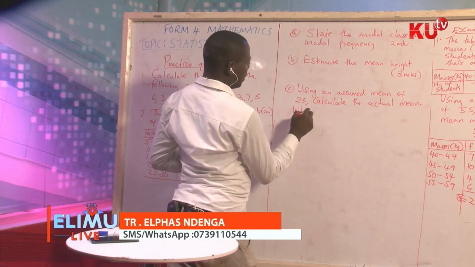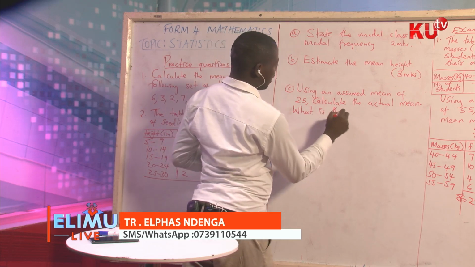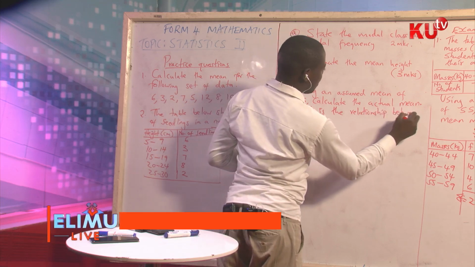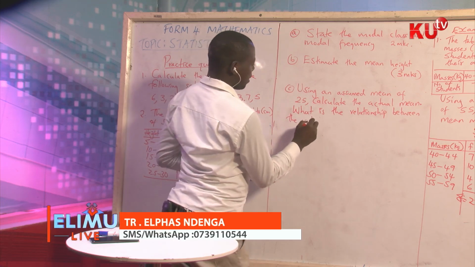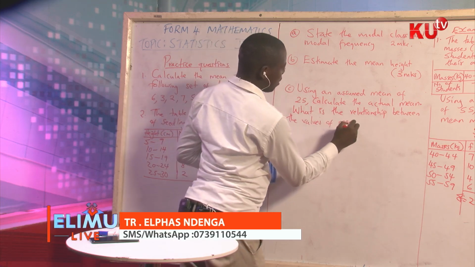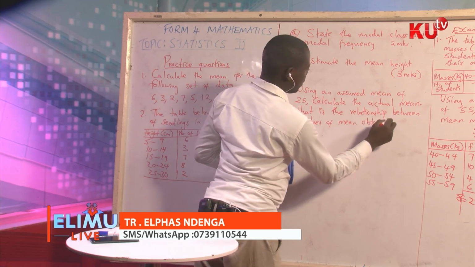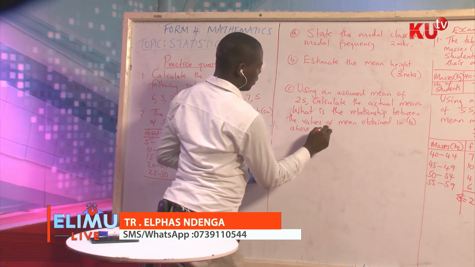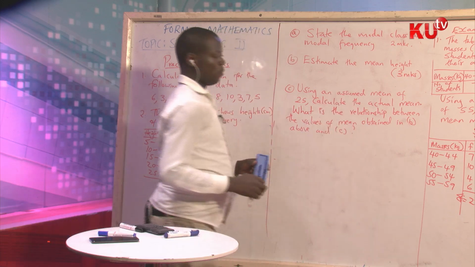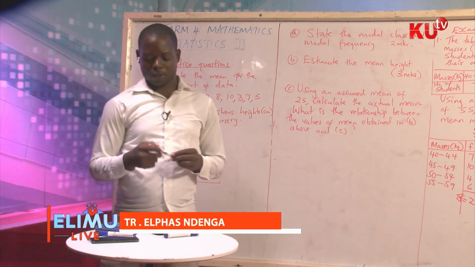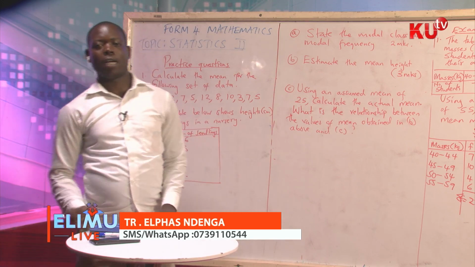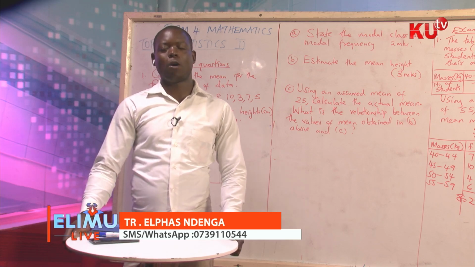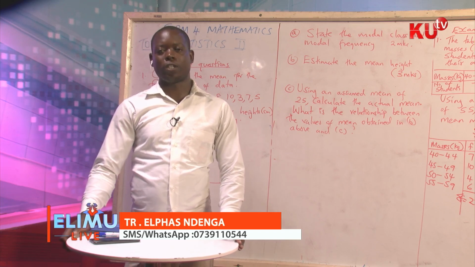What is the relationship between the values of mean obtained in B above and C? So we'll have to get the mean and do the comparison to give our final verdict regarding the relationship between the two sets of means obtained in the questions.